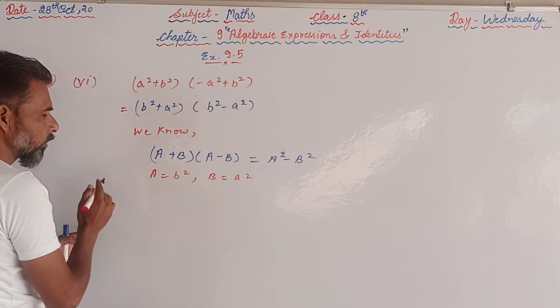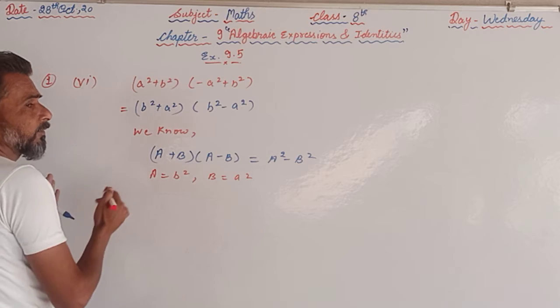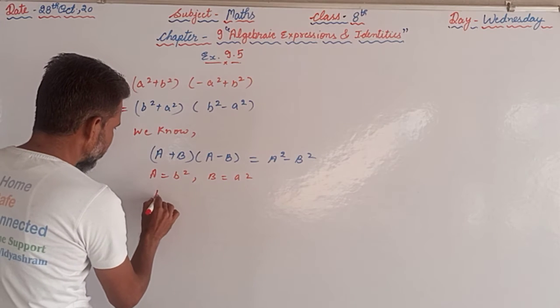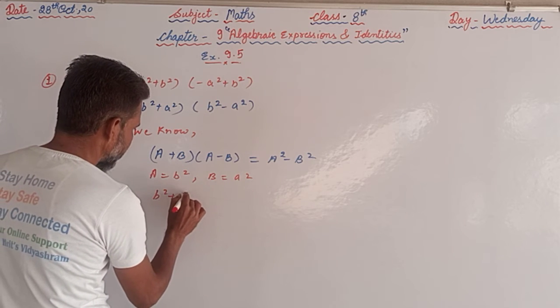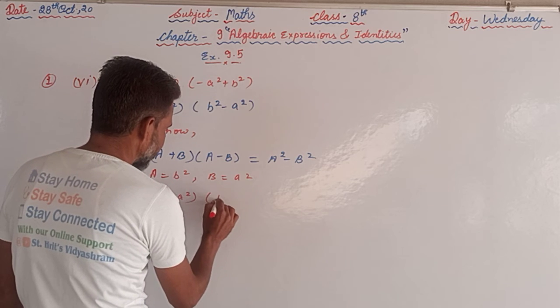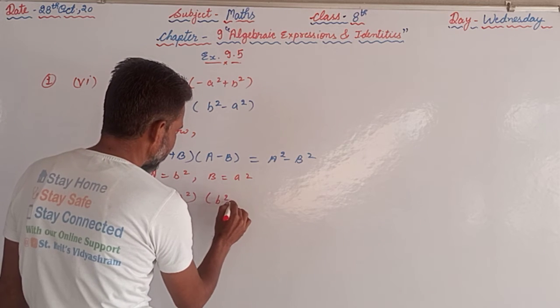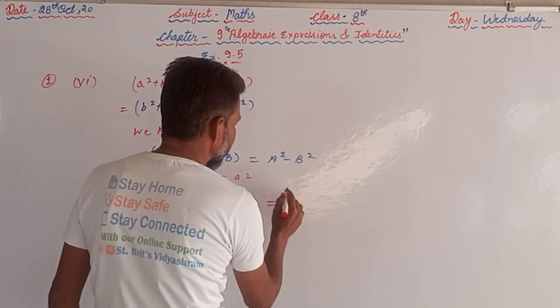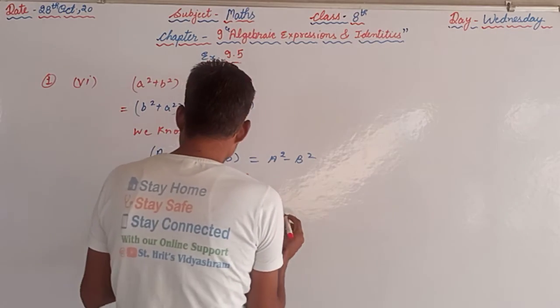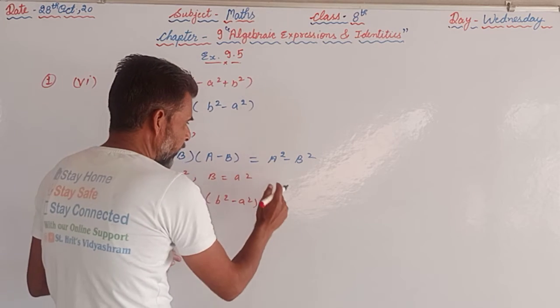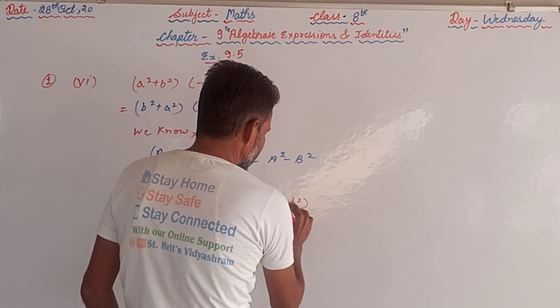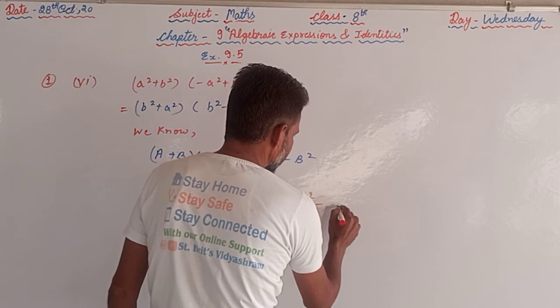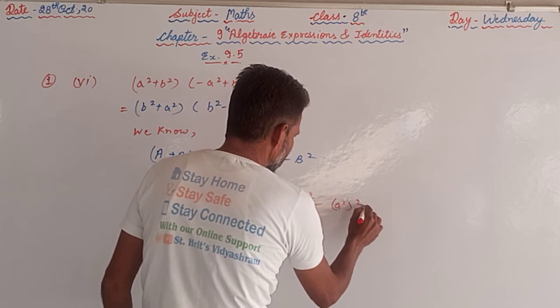So, we can substitute on both the sides, left hand side as well as on the right hand side. So, (b square plus a square) and (b square minus a square) on the left hand side. Now, we substitute on the right hand side as well. So, in place of a we will write b square whole square minus a square whole square.